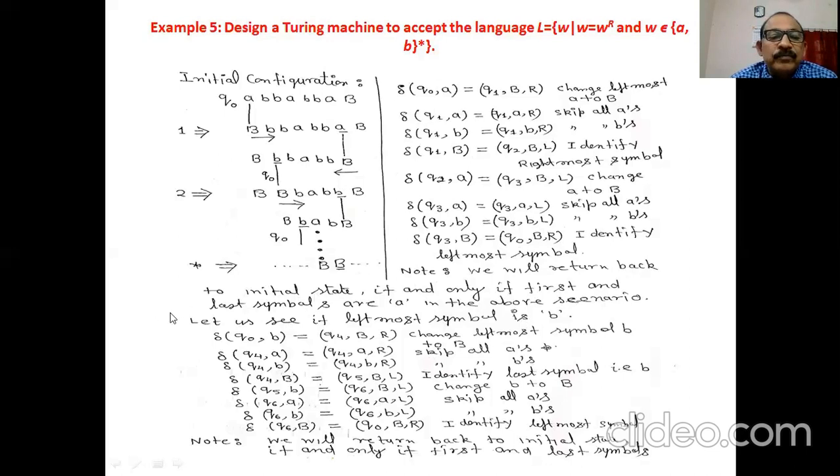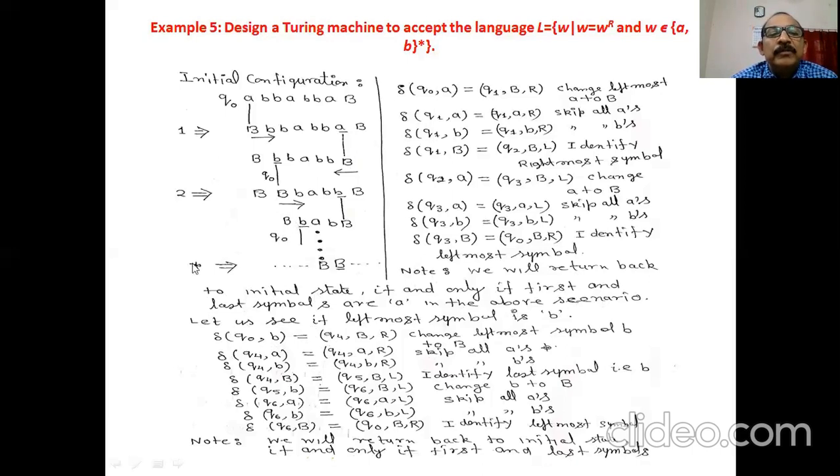let us see what happens if the leftmost symbol is b rather than a. Machine in state Q0, input is b. It goes to state Q4, not state Q1, and replaces this b by a blank, meaning we remove this b.